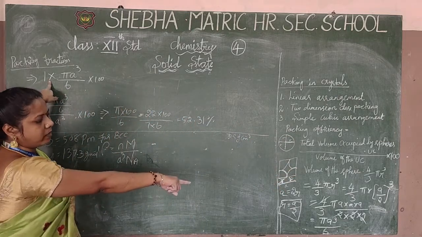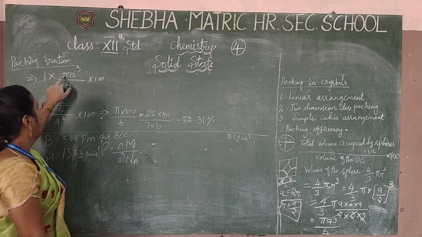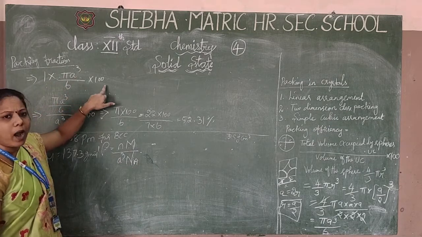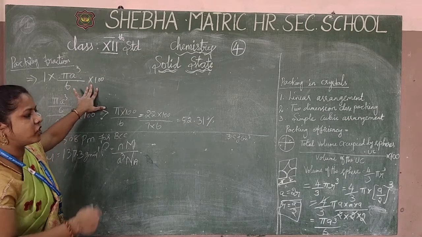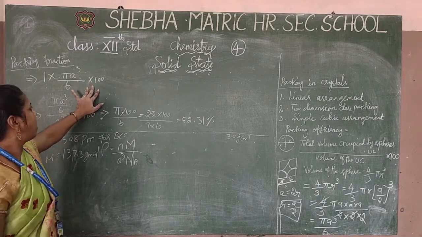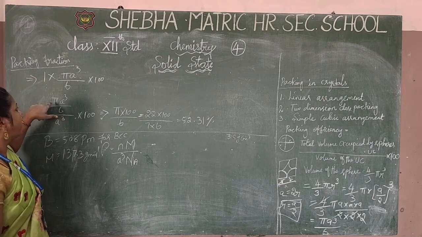1 into pi a cube by 6, no? So pi a cube by 6 into 100. With that you get the percentage of the packing efficiency for simple cubic. So I simplify this formula, pi a cube.